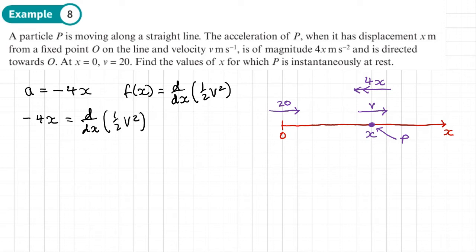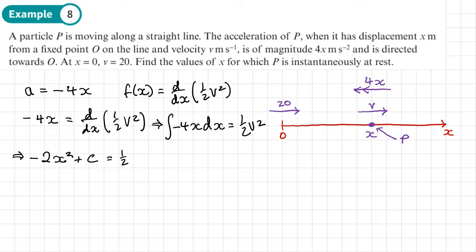Now we'll integrate both sides, so I'll have the integral of minus 4x dx. The other side just then becomes half v squared. Integrating negative 4x is going to give me negative 2x squared plus my constant of integration is equal to half v squared.